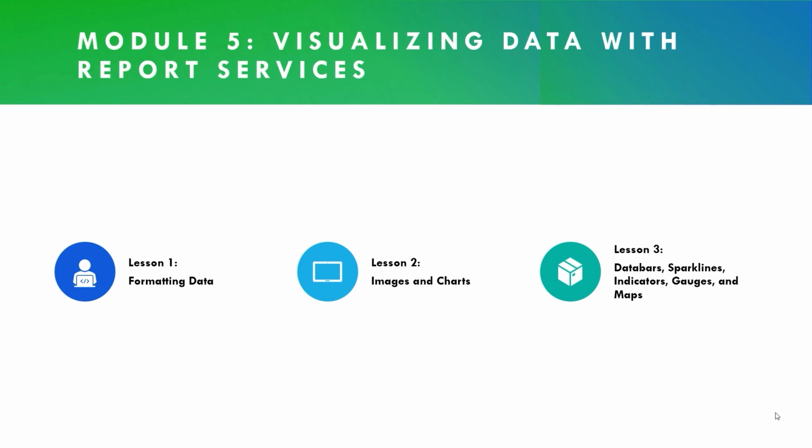After that, we got into more visualizations: Databars, Sparklines, indicators, gauges, and maps. And then we ultimately saved our map and the parameters attached to it and its data set as a report part that can be reused in other reports.